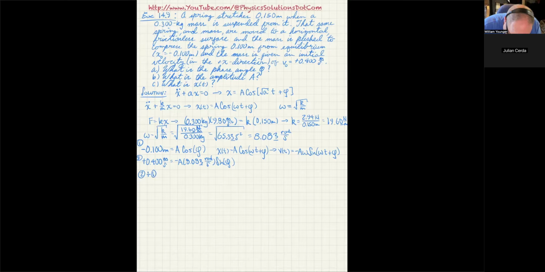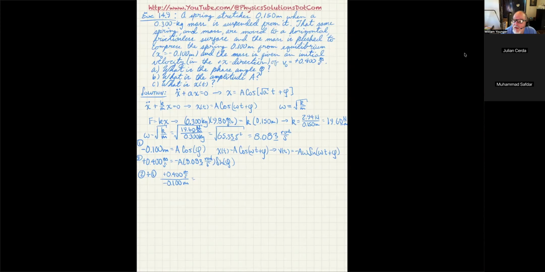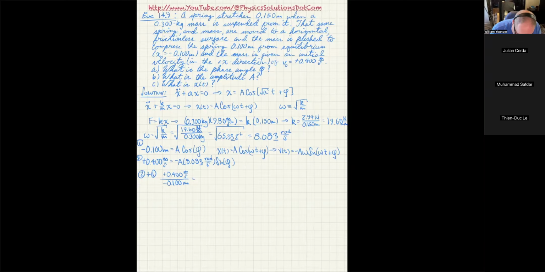We're going to say positive 0.400 meters per second divided by negative 0.100 meters is equal to the right hand side. We did the left hand side of equation 1, and we've done the left hand side of equation 2.